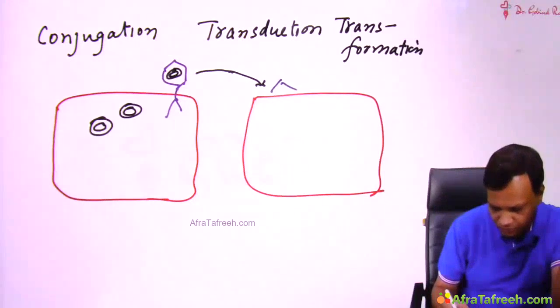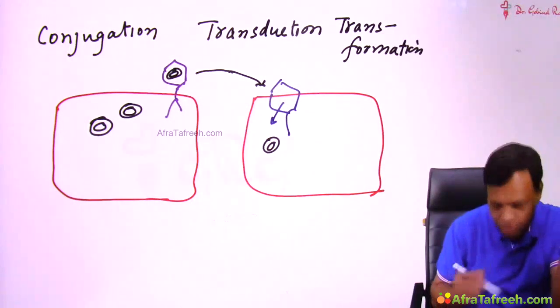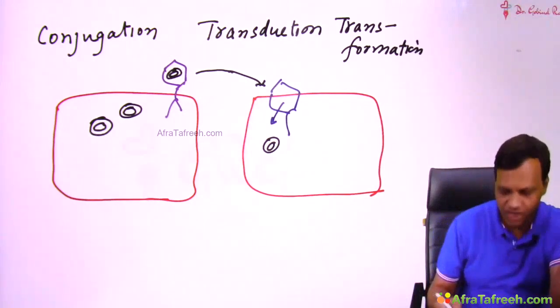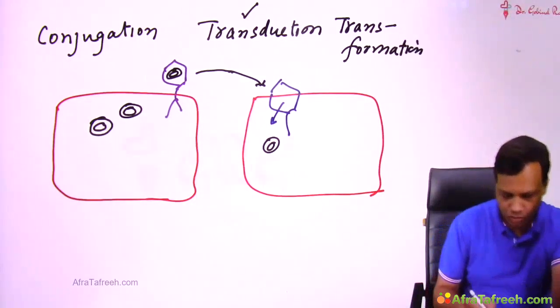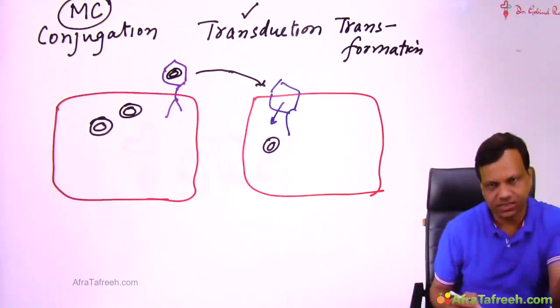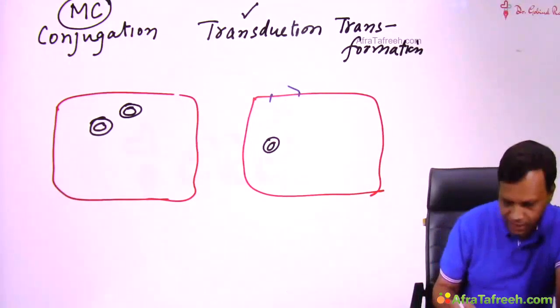The bacteriophage sends the resistance gene into the second bacteria, so the second bacteria also becomes resistant. This method of transfer through the bacteriophage is called transduction. Clear? So conjugation was the most common mode of transfer of drug resistance. Transduction is less important.